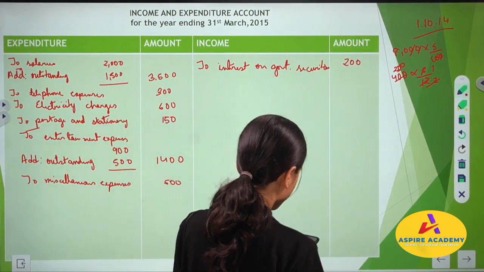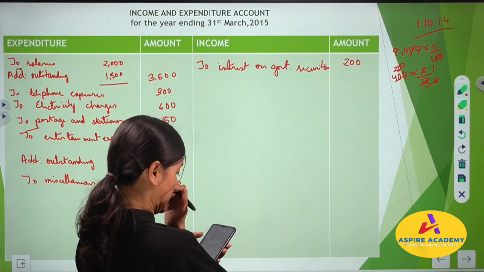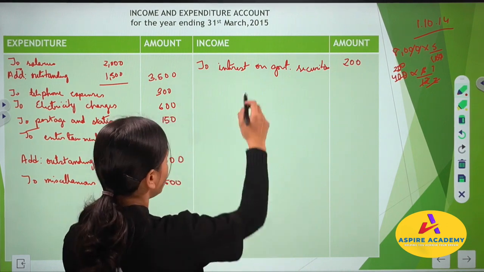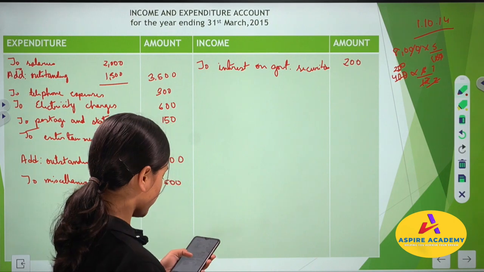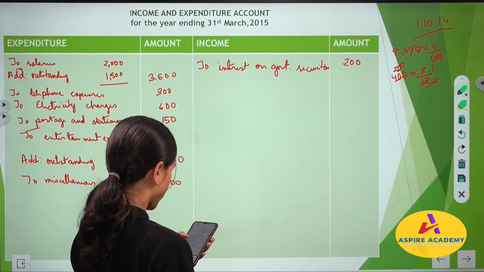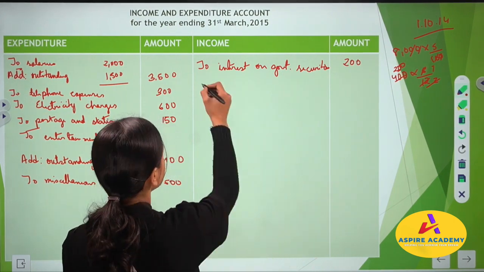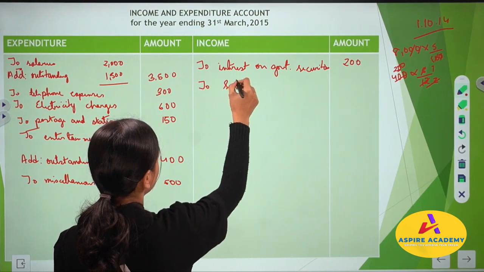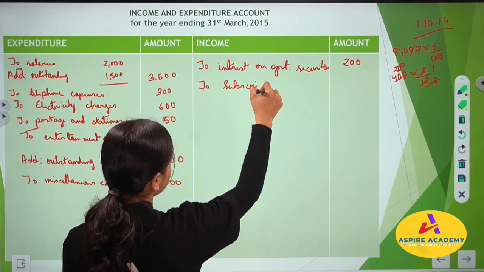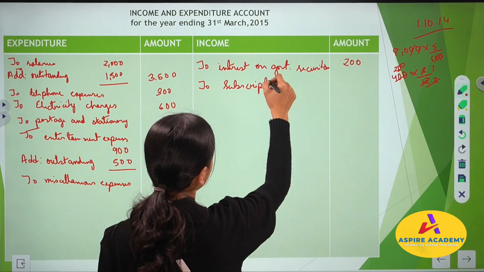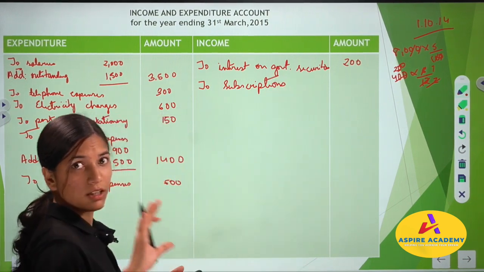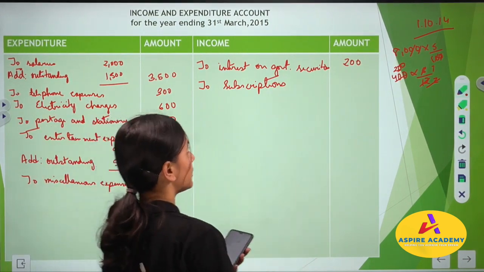Now in the income side, the first one is interest on government securities, which we have recorded. Next we have subscriptions. Now the subscriptions for 3 years have been given, but we are going to take the subscription for this current year only.